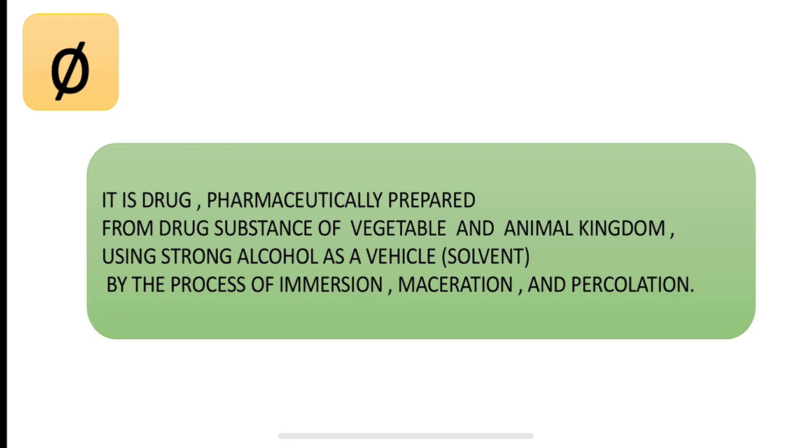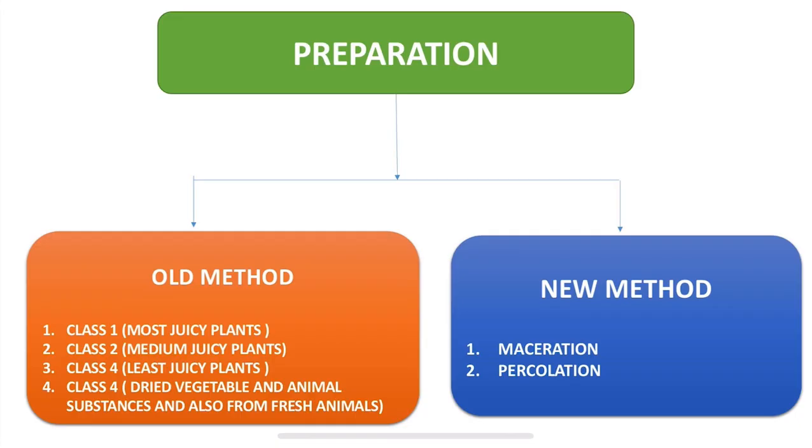So what is percolation, guys? When the drug you are preparing is passed through pores or small holes, we call it percolation. So we are using these various processes like immersion, maceration, percolation, and finally preparing a drug which is mother tincture.